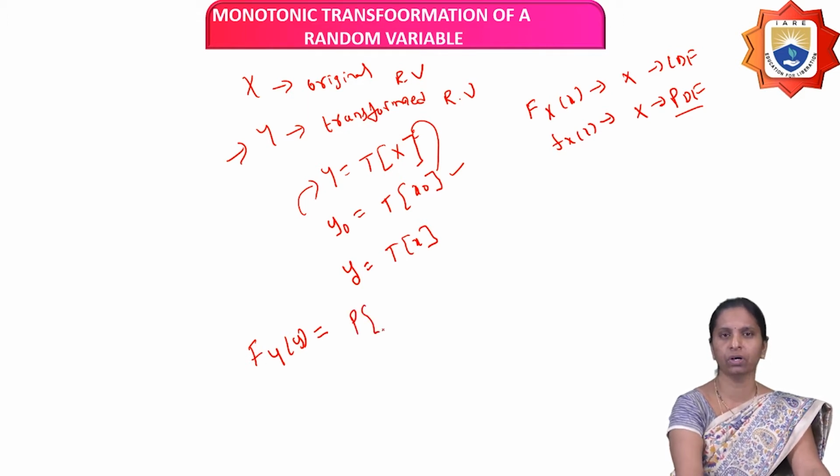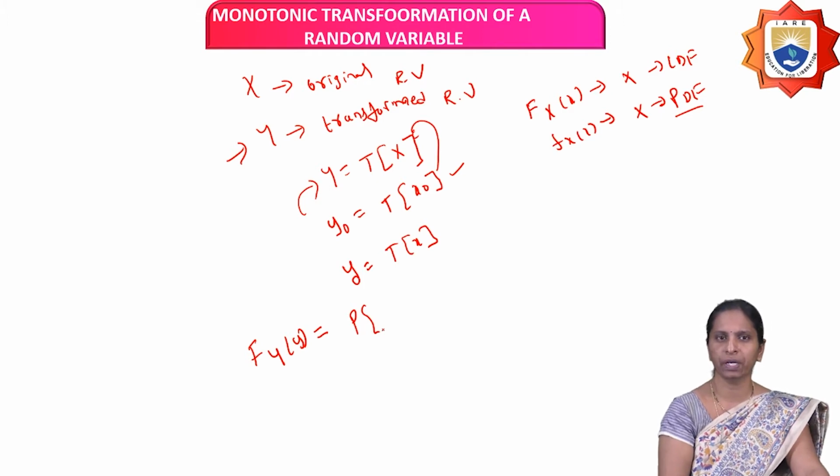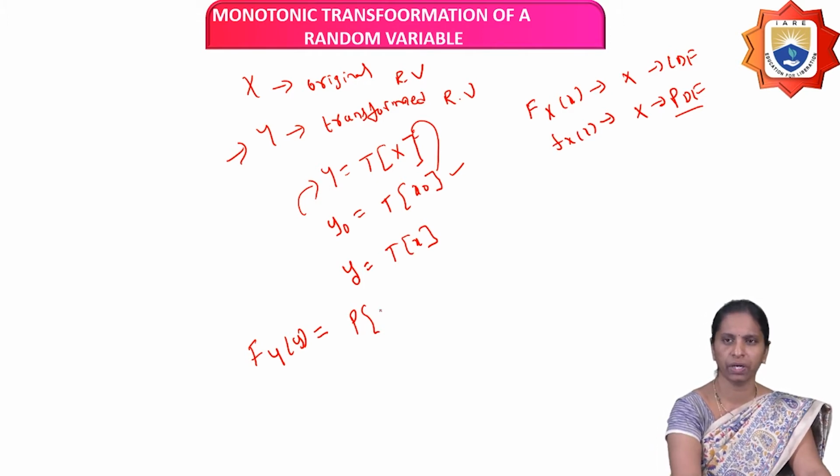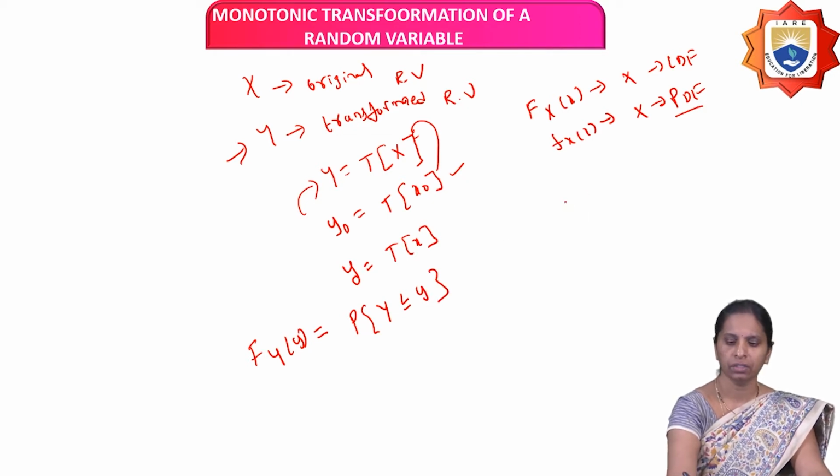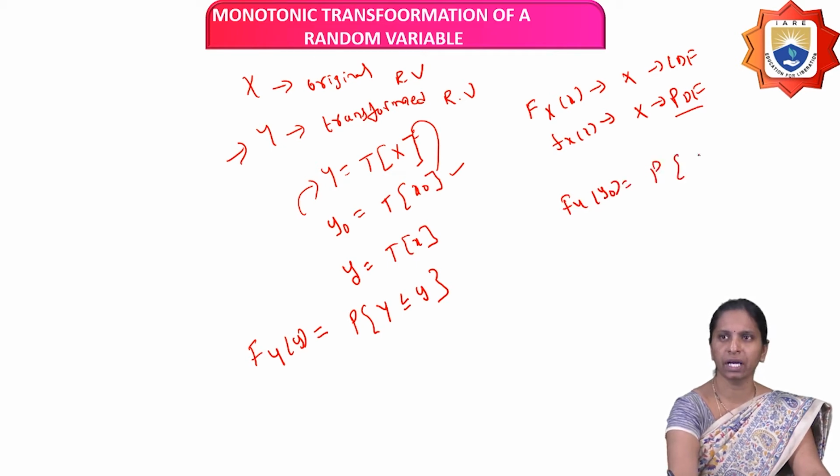From the definition of the cumulative probability distribution function, Fy of y0 is the probability that the random variable y takes a value less than or equal to y0, that is, P of y less than or equal to y0. Similarly, in general, this is a particular value.